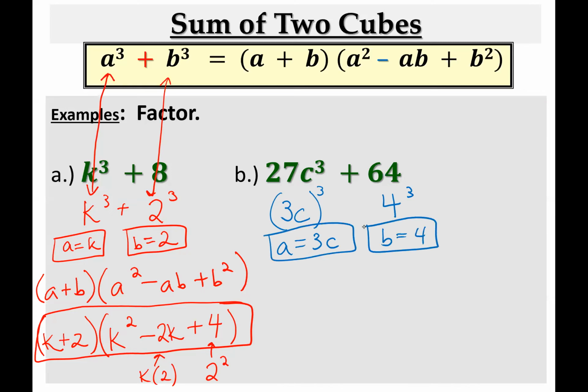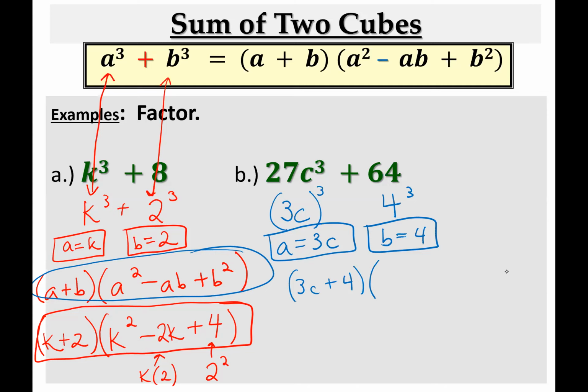Okay, so I'm making a plan here, right? So a is equal to 3c, b is equal to 4. I will use the same formula that we used before, the same formula that's up here at the top. Okay, so instead of writing a plus b, I'm going to write 3c plus 4. Next, I'm going to need to simplify, so I'm going to do this in a couple of steps.